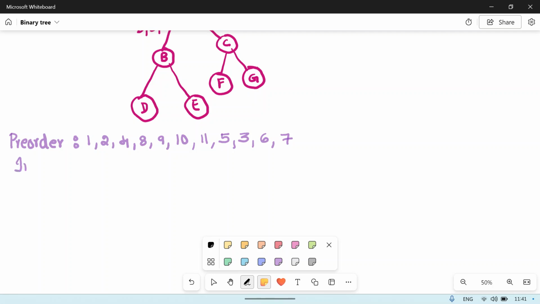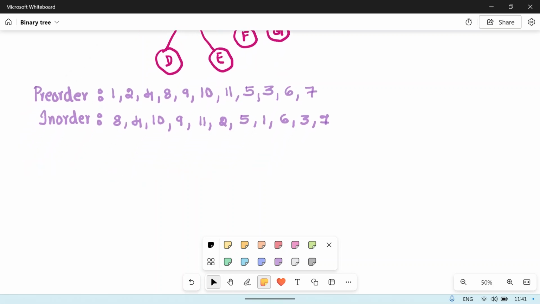The in-order is 8, 4, 10, 9, 11, 2, 5, 1, 6, 3 and 7.